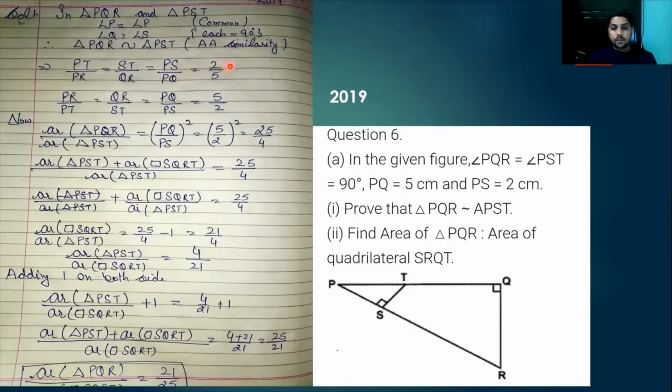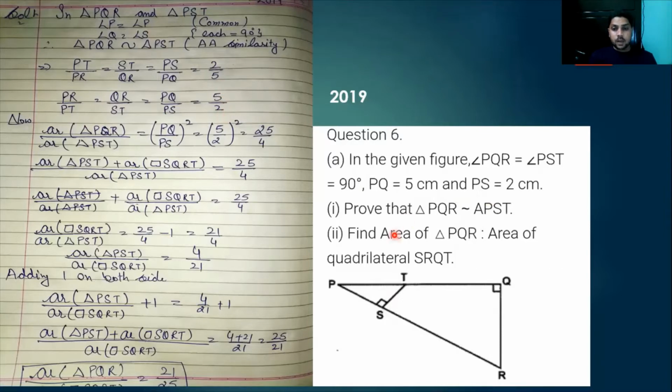We have the values of PS and PQ, which are 2 and 5. Substituting these values, on the whole we have a ratio of 5:2. So all the corresponding sides of the triangles are in proportion, which is 5:2.